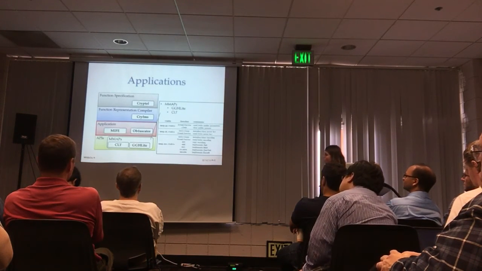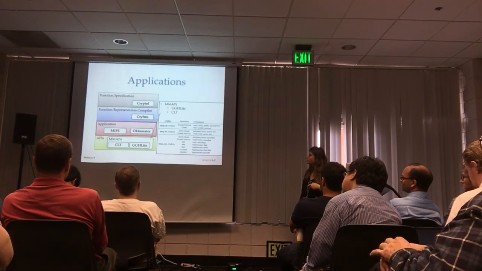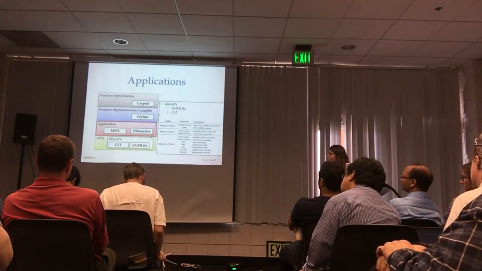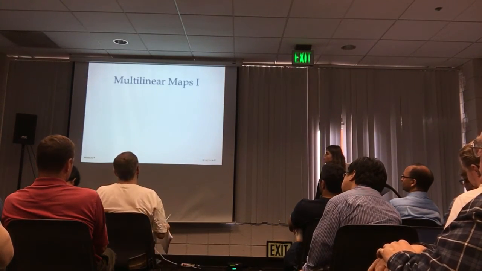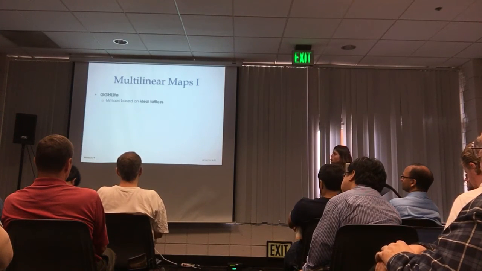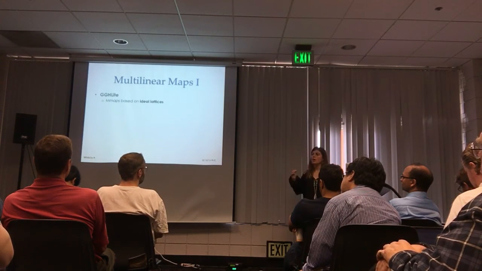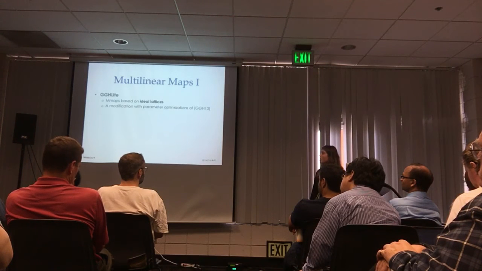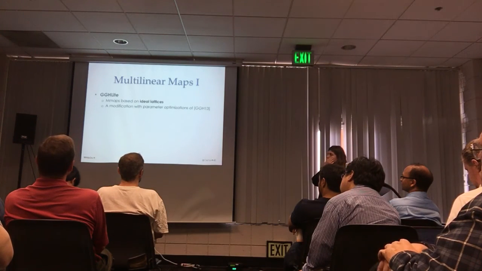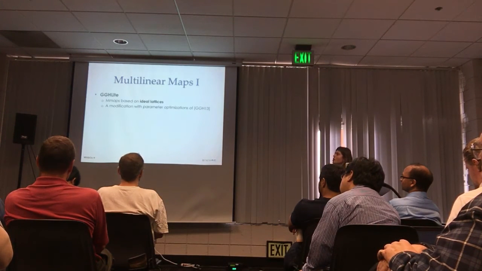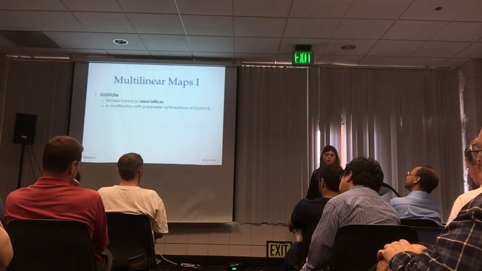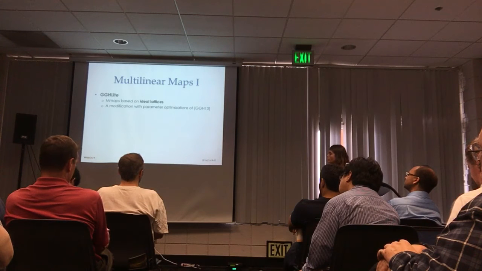And then finally, the final component of our layer is the multilinear map instantiation. We had two instantiations. The first one is GGH Lite, which is multilinear maps based on ideal lattices. The particular construction we were looking at is a modification of the original GGH construction, introduced by Albrecht et al.